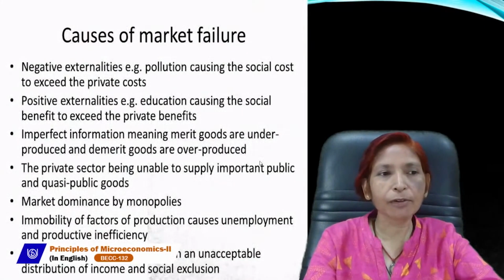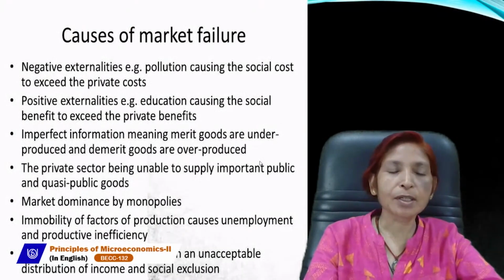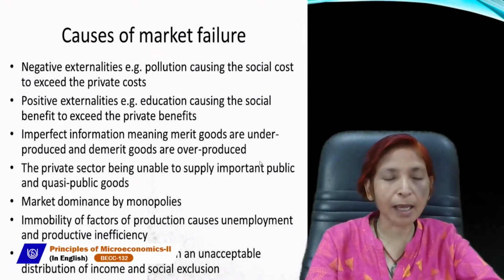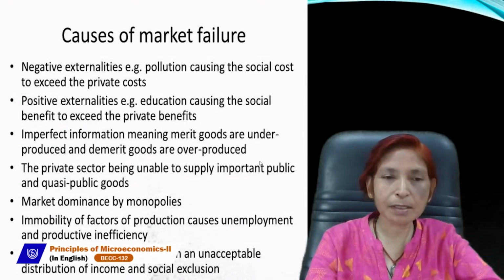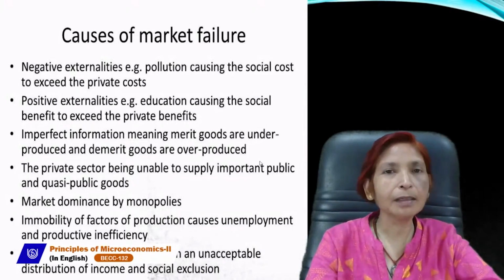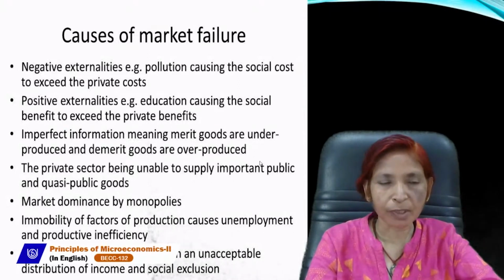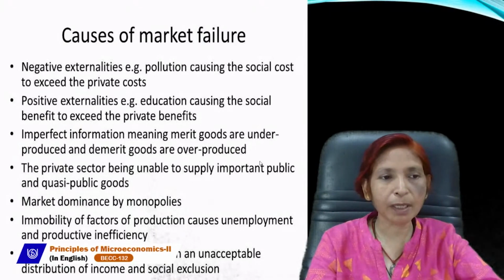Causes of market failure. Externality may be negative or positive. What is externality? Externality means the action of one person affects others. That is called externality, and it may be positive or negative.